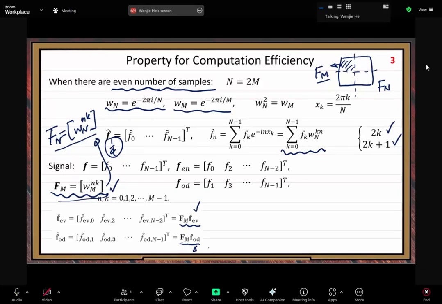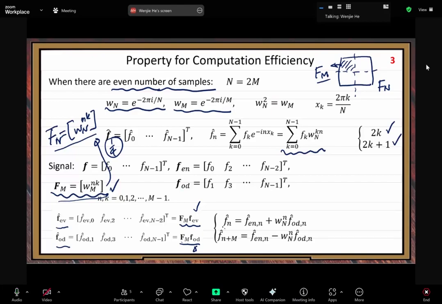These two vectors are the intermediate vectors, not the final result. They are the stepping stones we use to get our final Fourier coefficients.